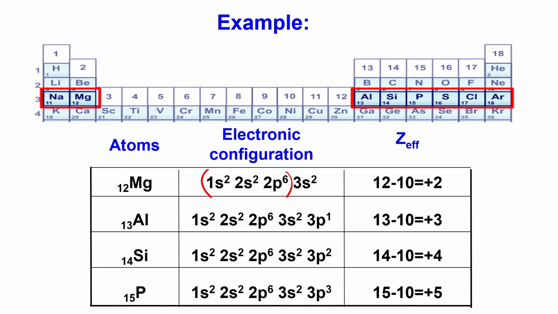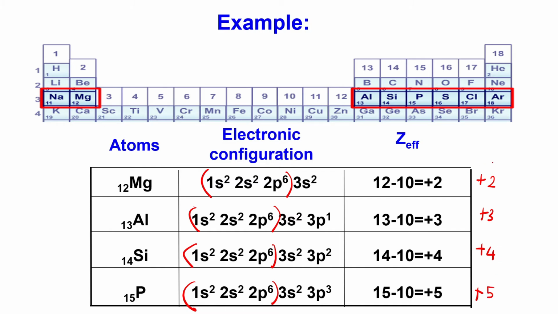This one is 13 minus 10, positive 3. 14 minus 10, positive 4. 15 minus 10, positive 5. So these are the ZEFF: positive 2, positive 3, positive 4, positive 5.